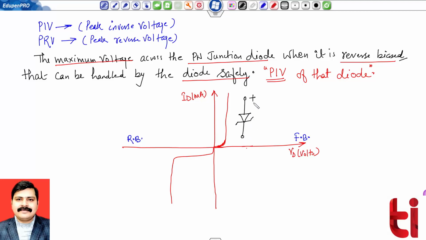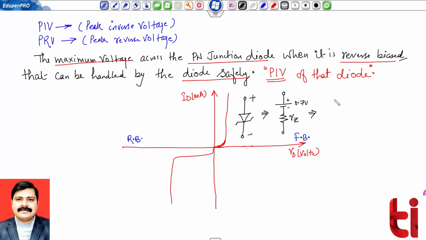To the anode we are connecting positive voltage, to the cathode we are giving negative voltage, and its equivalence is replaced by a battery of 0.7 volt with some diode resistance. So I'm marking 0.7 volt voltage, and resistance is RZ.